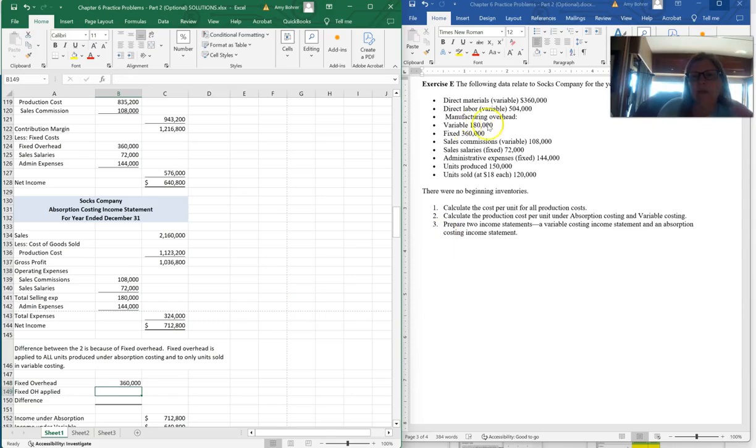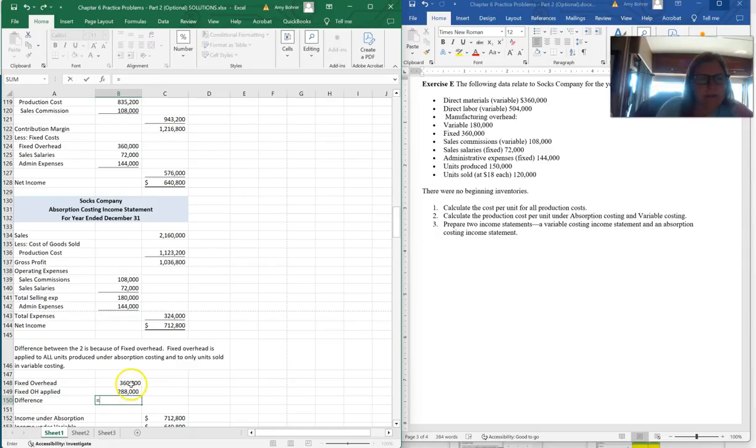And we got that right from the problem. Okay, my fixed overhead applied is going to be my 120,000 units, because remember, applied is what we should have charged to overhead. 120,000 units times the $2.40 per unit.